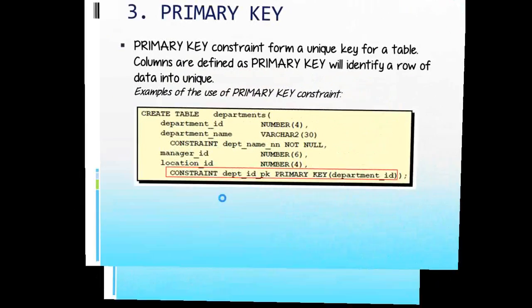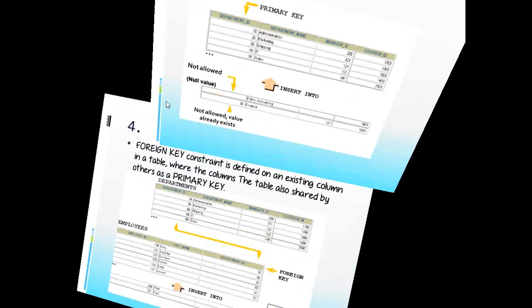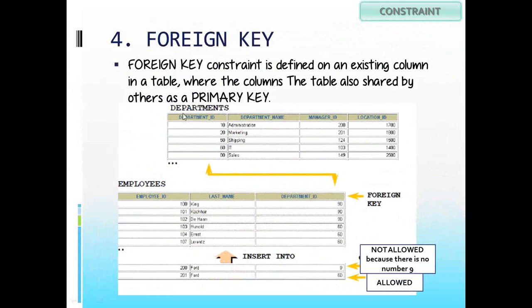So in employees, in department ID, the column in table departments is a primary key, but in employees it becomes the foreign key.